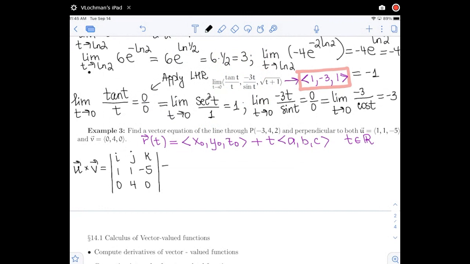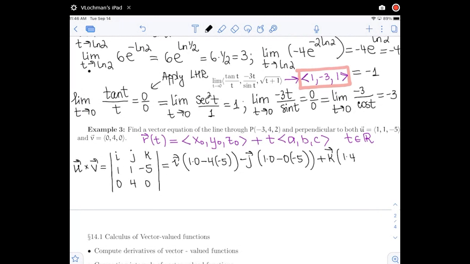Okay, cross product of these. For vector i, we get 1 times 0 minus 4 times -5, minus vector j times 1 times 0 minus 0 times -5, and then plus k, what do we get here? 1 times 4 minus 0 times 1.